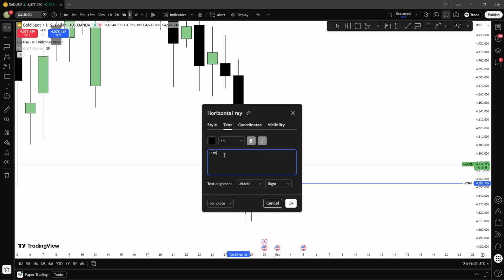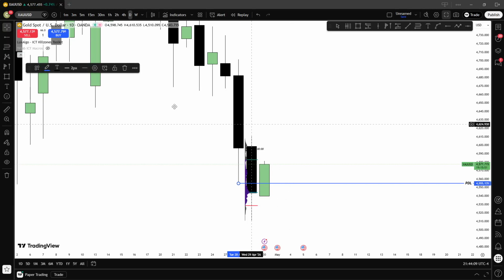That's the previous daily low. Those are the only levels we need.